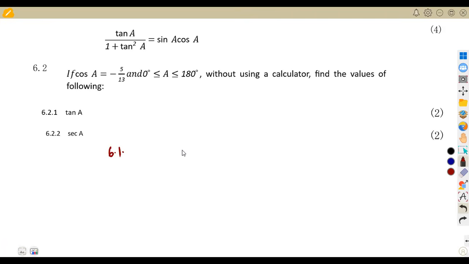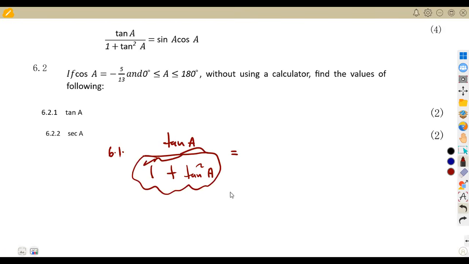So on the left-hand side, we are given, in this case, tan A over 1 plus tan squared A. So we know that 1 plus tan squared is equal to sec squared. This is an identity that we know from our information sheet.